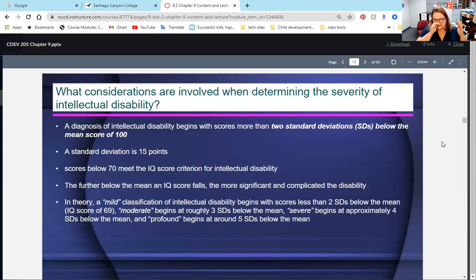So the shared definition is having an IQ below 70. That would be considered a mild form of intellectual disability. If you end up working in a K-12 classroom, remember we talked about MTSS and RTI and those multi-tiered systems of supports.